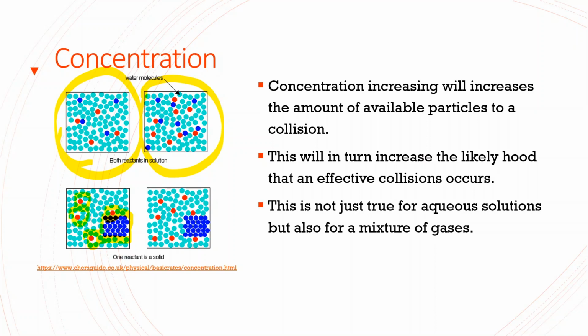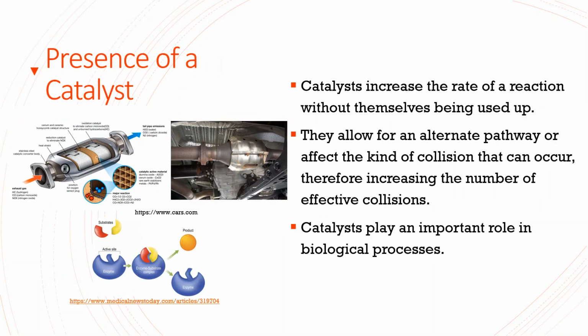Increase the concentration, and you're going to increase the likelihood that these red particles collide with blue ones, and therefore a reaction occurs. And lastly, presence of a catalyst. There are numerous different types of catalysts. I've provided a biological example here, and also one in an automobile. So catalysts, just to keep it simple, increase the rate of reaction by giving those particles an alternate pathway.